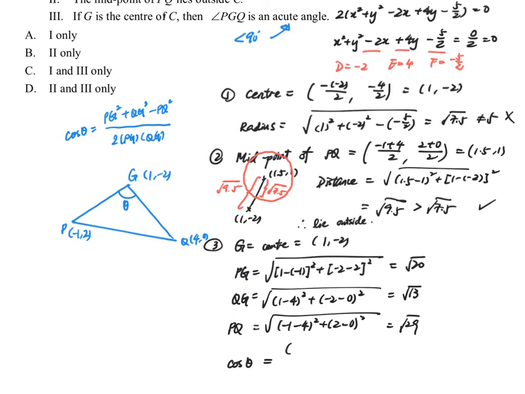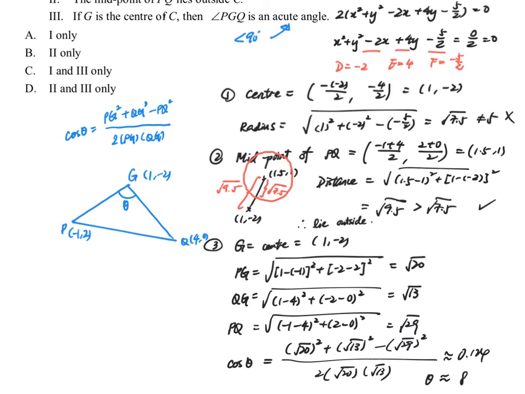Then by the cosine formula, we substitute square root 20 for PG, square root 13 for QG, and square root 29 for PQ. By calculator, we get 0.124. So theta is around 83 degrees, which is smaller than 90 degrees. So this is an acute angle, so statement 3 is correct. Now statements 2 and 3 are correct. So the answer is D.